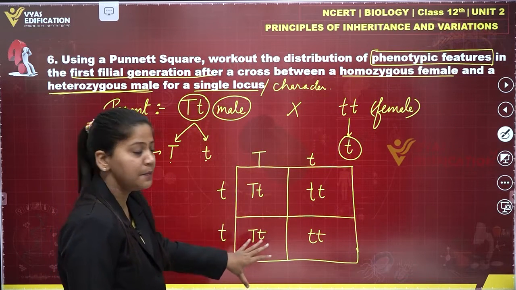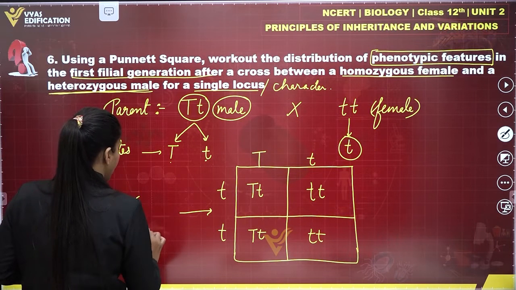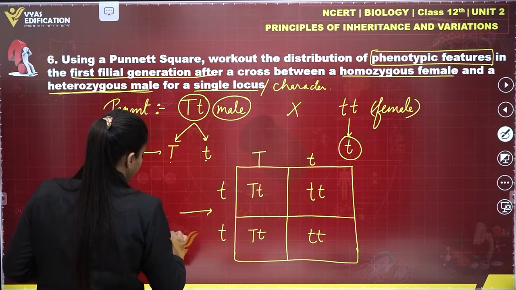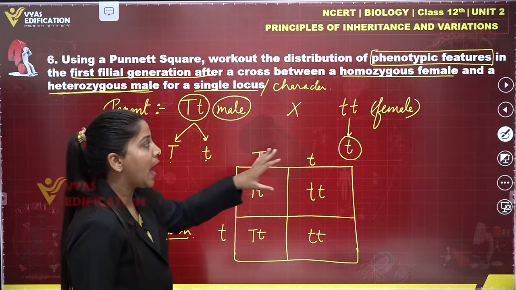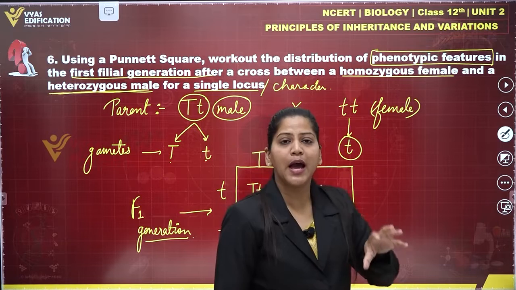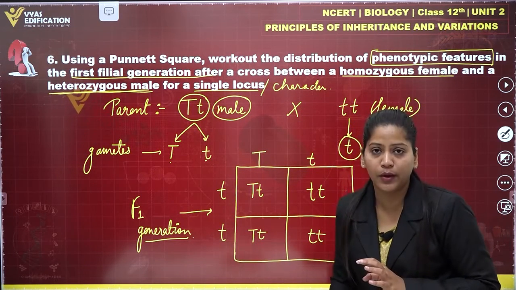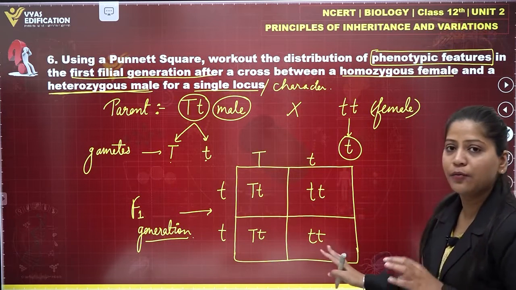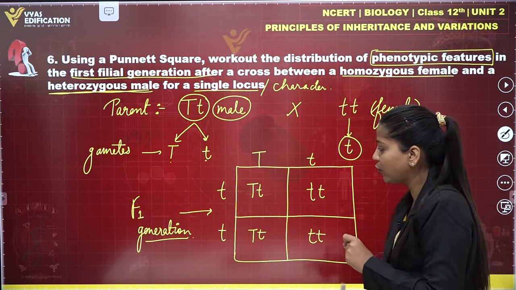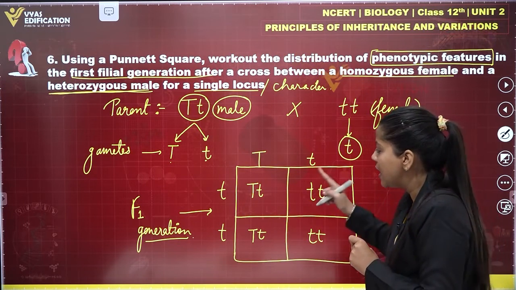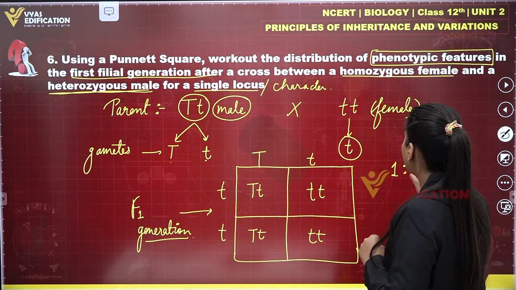So you can see this is the F1 generation, or first filial generation. According to the question, we have to find the phenotypic ratio in the F1 generation only. From this Punnett square we can conclude that the phenotypic ratio, we are not talking about the genotypic ratio, in the F1 generation is 1:1.